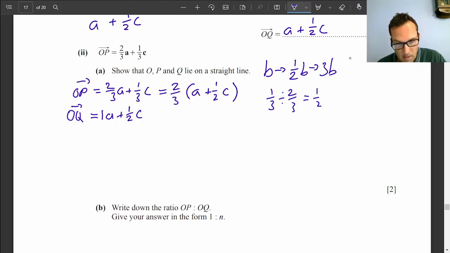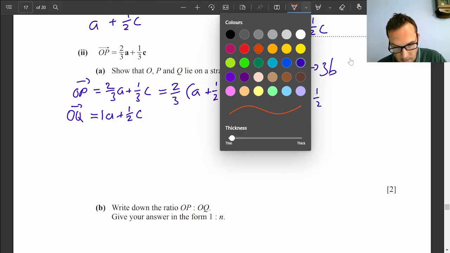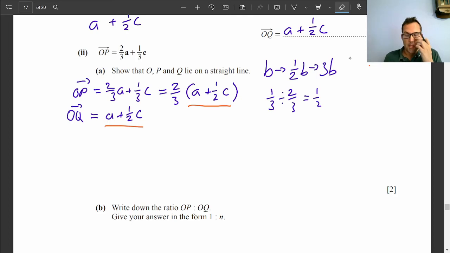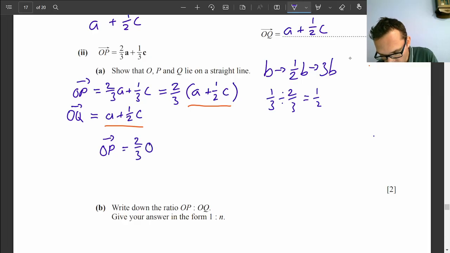Okay, so now, as you can see, we have something here. We got a plus a half c and a plus a half c. Don't let that one confuse you. Okay, that clearly shows us that OP is 2/3 of OQ.